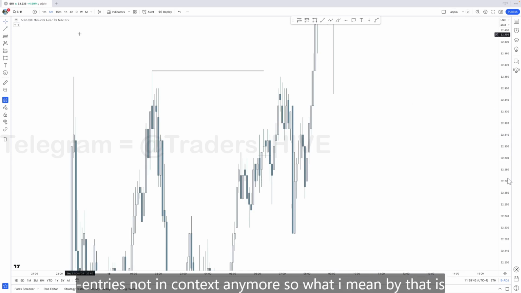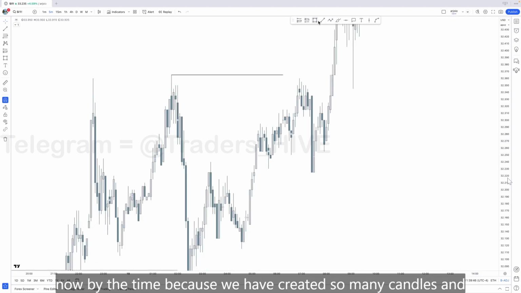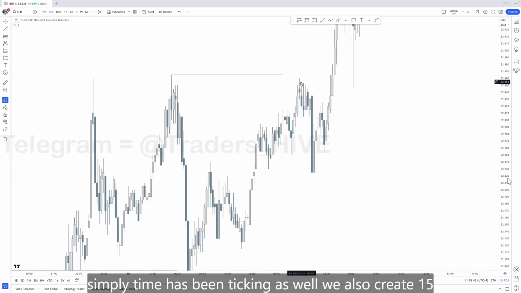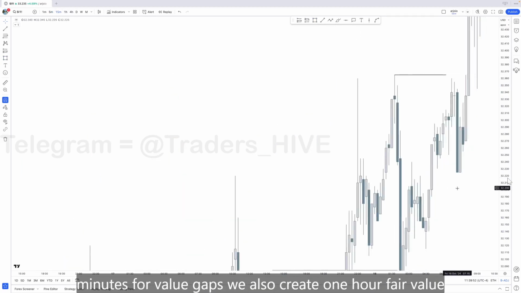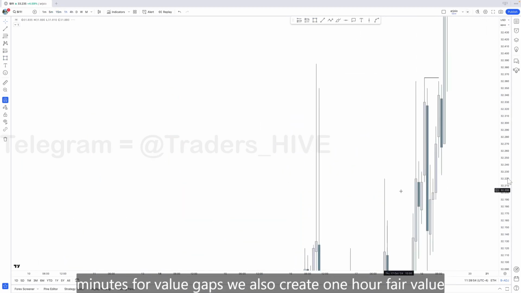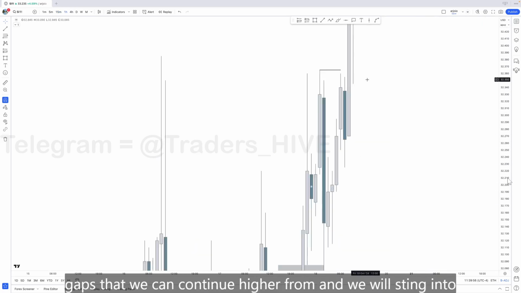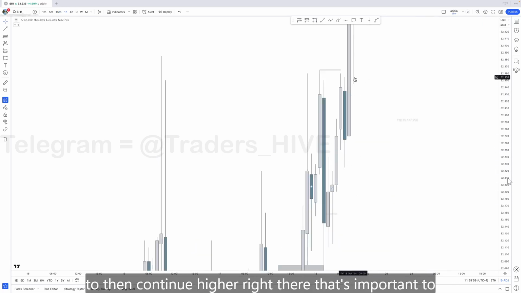So what I mean by that is, by the time we have created so many candles and time has been ticking as well, we also create 15-minute fair value gaps. We also create 1 hour fair value gaps that we can continue higher from, and we will sting into to then continue higher right there.